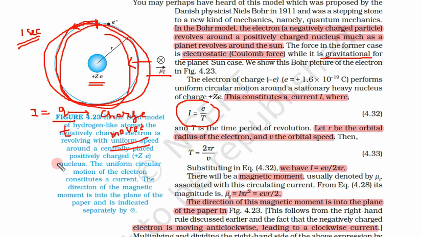So the charge will be multiplied by n times, nq by t, because this electron has passed this point n times in 1 second.